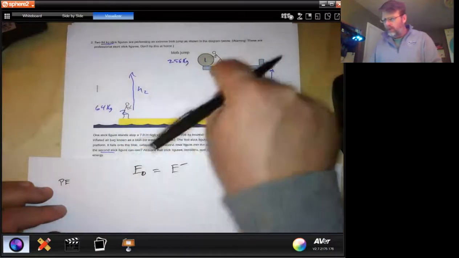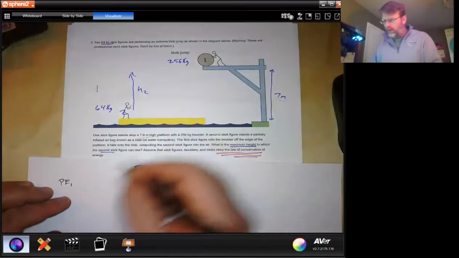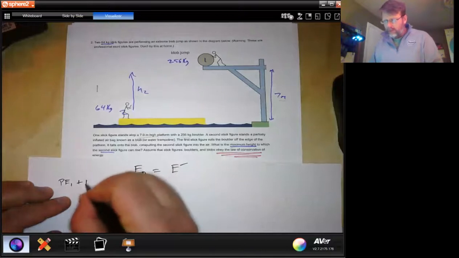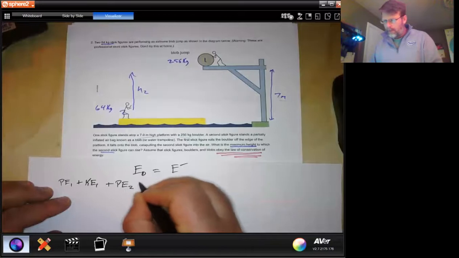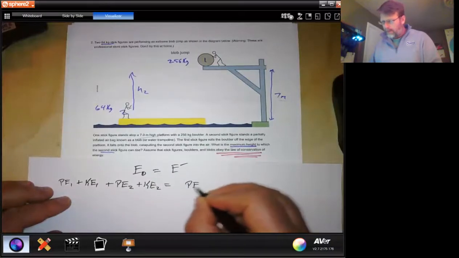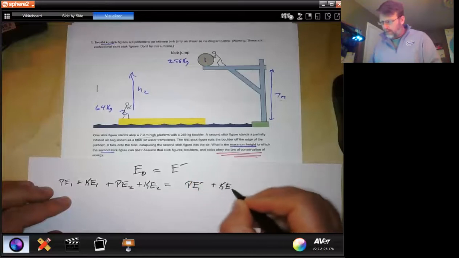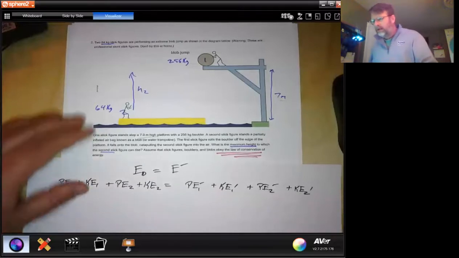So we have two different bodies here, so we're going to have to do PE of 1. This is what I'm calling 1, and here we have 2. And again, final. Okay, so that sets it up.